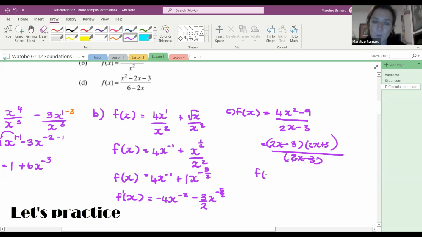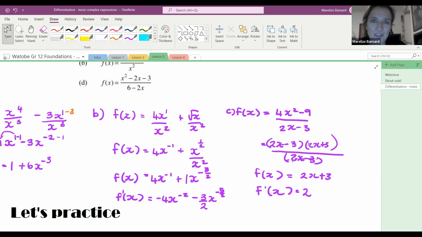So we are left with f of x equal to 2x plus 3, and that is easily differentiable. No fractions, no roots, no nothing. We're going to differentiate the 2x, so it's going to be a 2, and differentiating the 3 makes it a 0. Well done. A few of you got it. Tumeleng got it. Kolofelo got it.